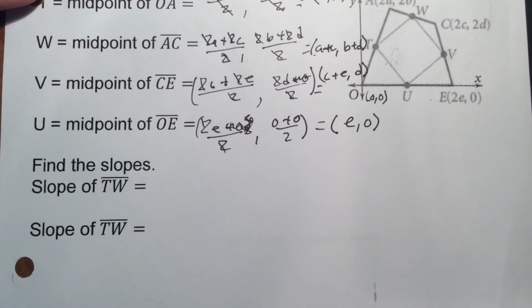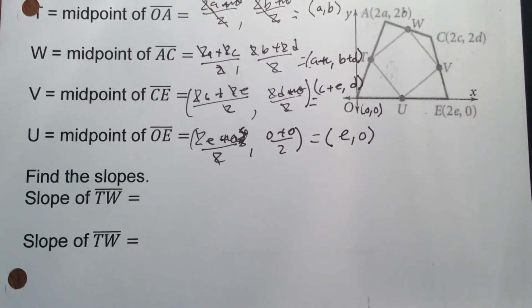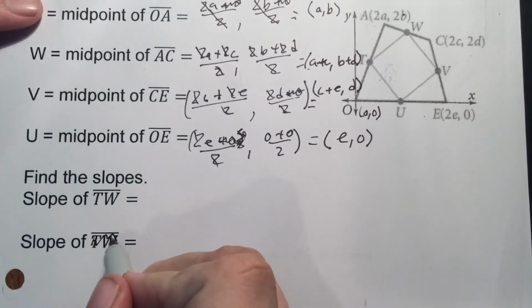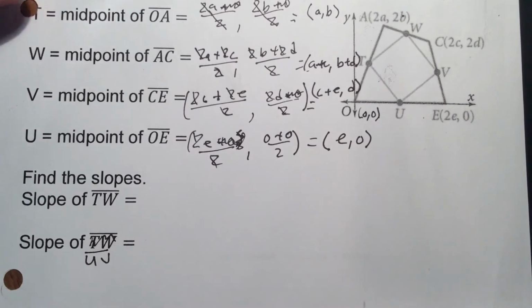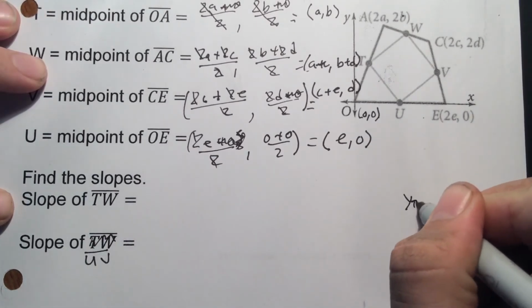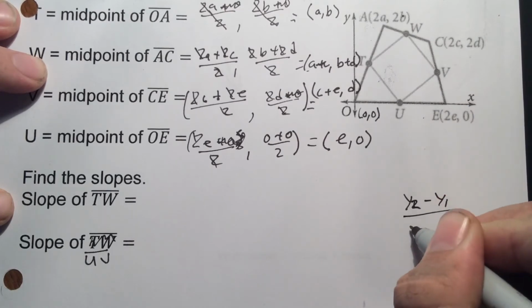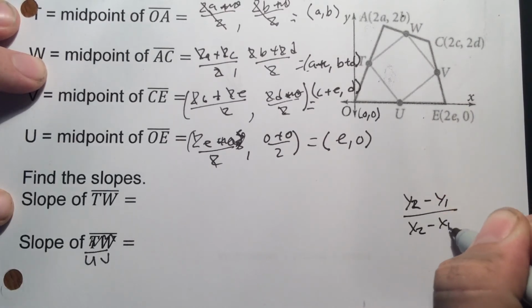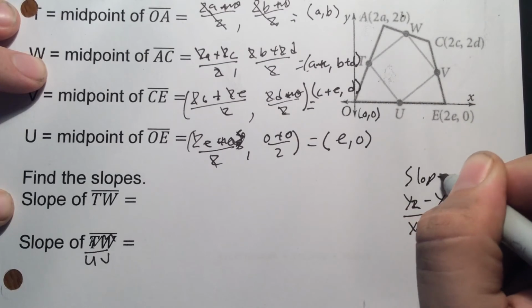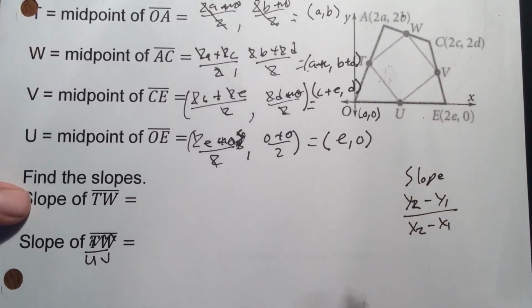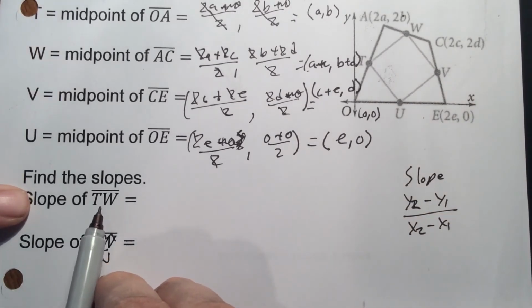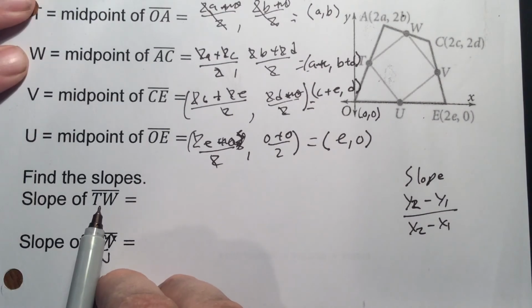Next, we're finding slopes. Now, we're not going to find slope of TW and TW. This is a typo. This should be UV. So, slope. Slope formula is y2 minus y1 over x2 minus x1. So, if we find the slope of TW, T and W are top two here.